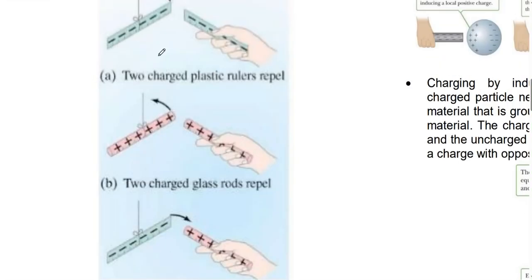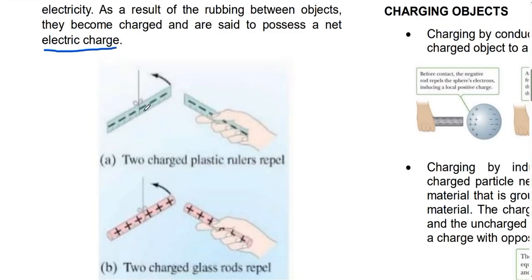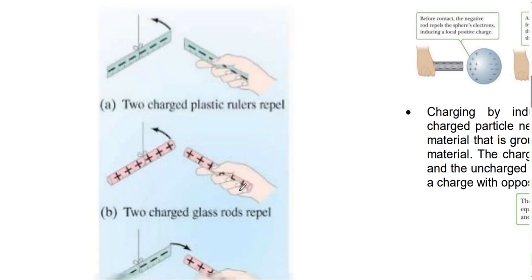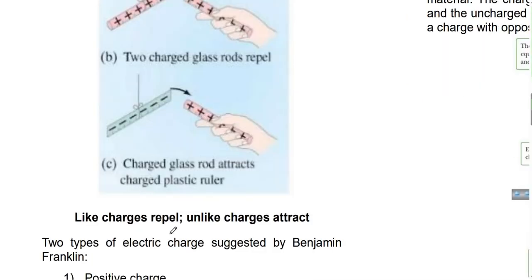So of course, the rulers are the same material, and the same goes for the glass rods, but the ruler and the glass rod are different, so they attract. So like charges repel and unlike charges attract.